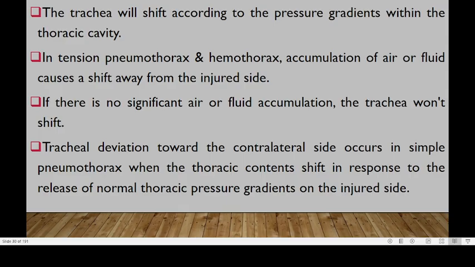Like in tension pneumothorax and hemothorax, accumulation of air or fluid causes a shift away from the injured side. So if there is no significant air or fluid accumulation, the trachea won't shift. Tracheal deviation towards the contralateral side occurs in simple pneumothorax when the thoracic contents shift in response to the release of normal thoracic pressure gradients on the injured side.